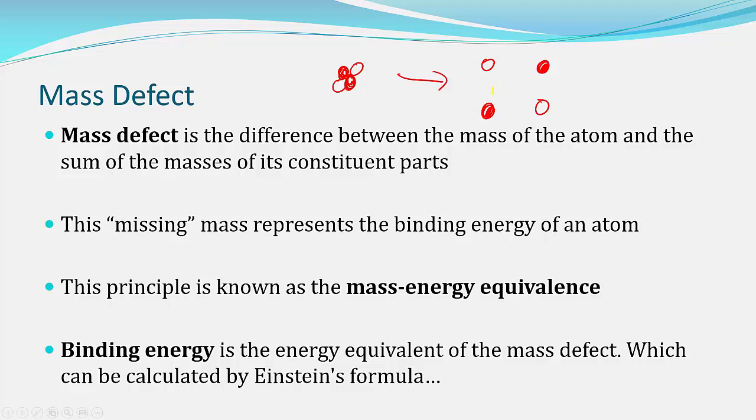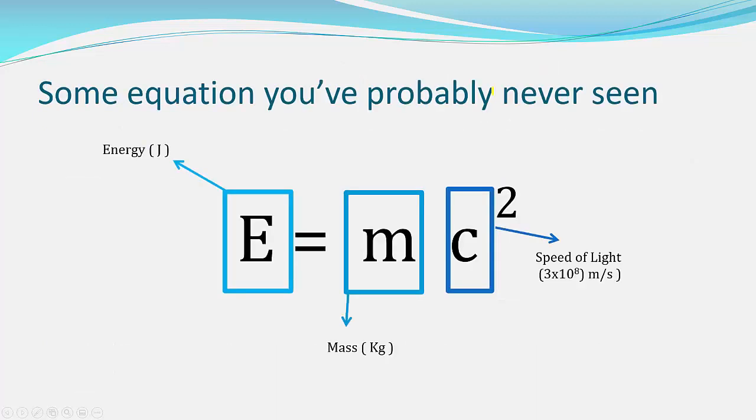So if you want to figure out what that energy is, and you have the mass defect, then you have this really well-known formula. I'm sure you've heard of it. It's Einstein's mass-energy equivalence formula, and it's a pretty straightforward one. The energy, or in this case the binding energy, is equal to the mass, or the mass defect in this case, multiplied by this wonderful constant, which happens to be the speed of light squared.